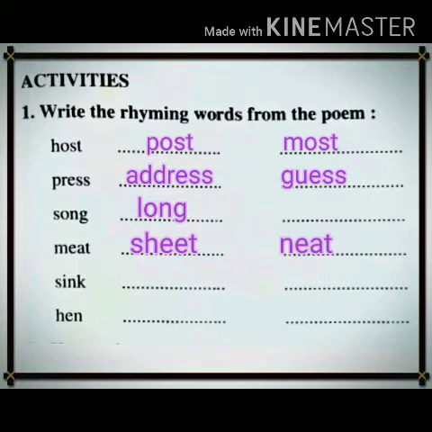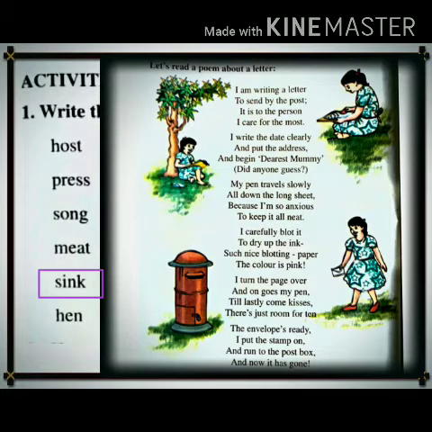Next word is sink. Let's find the rhyming word for sink in the poem. Let's read the fourth stanza. I carefully blot it to dry up the ink. Listen to the word carefully. Ink. Sink, ink. So both have the same end sound. So ink is the first rhyming word for sink.